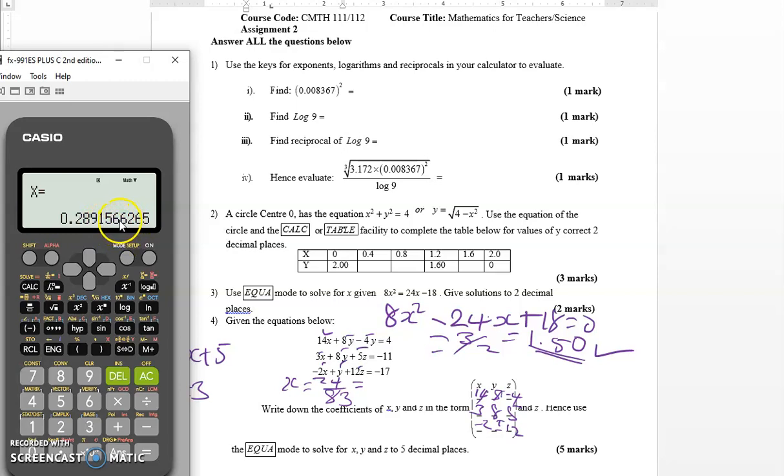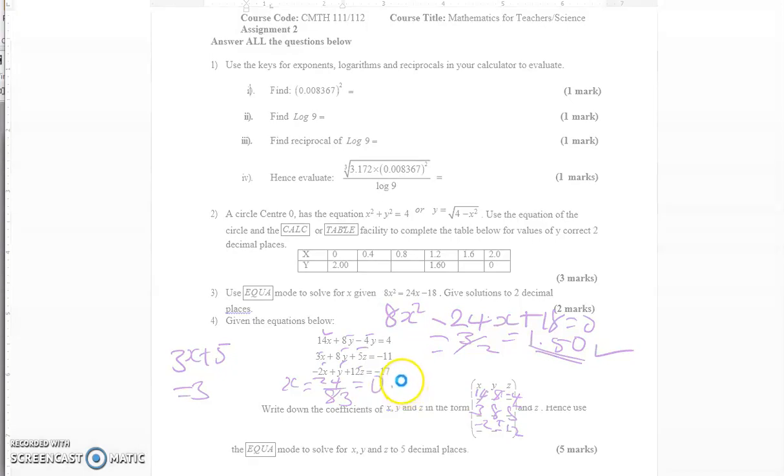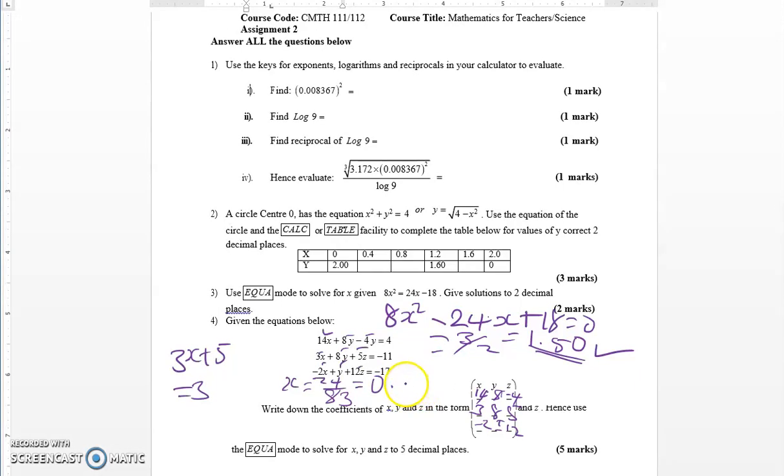So you have to take 1 from here and put it here, and it will become 6. So that is going to be 0.28916. Of course, this is to 5 decimal places, and this is the value for x.